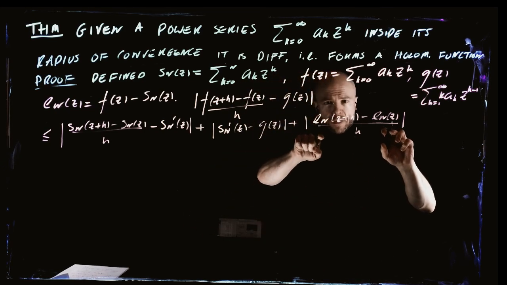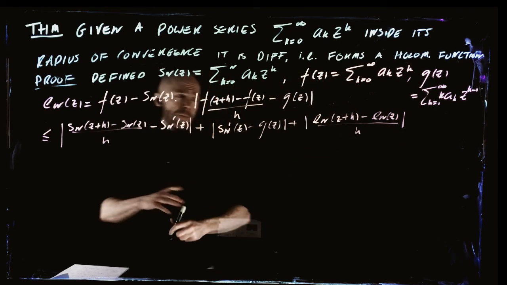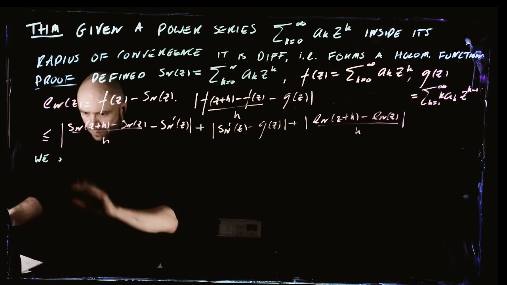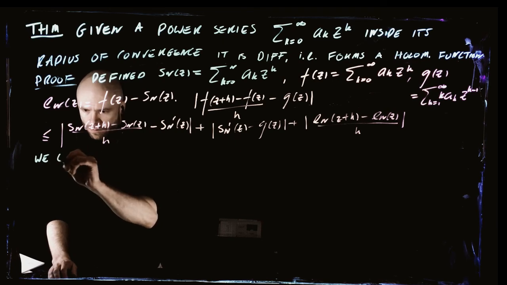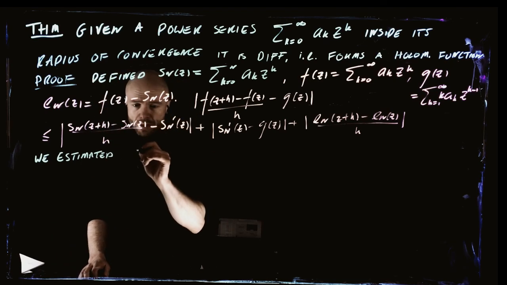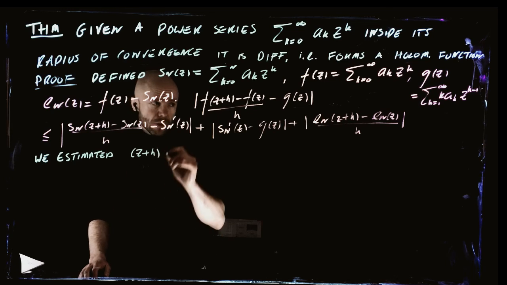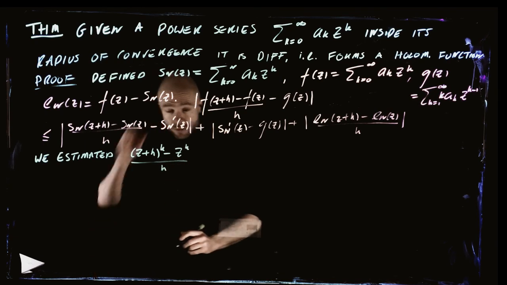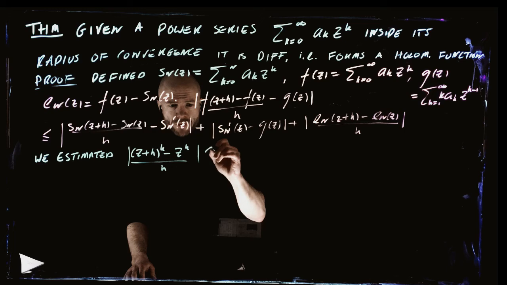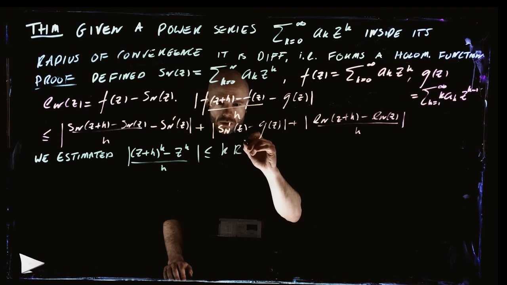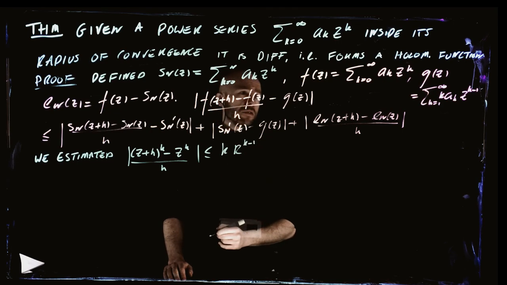We got to the point of trying to estimate this thing. And we estimated the following: this thing, ((z+h)^k minus z^k) over h itself, in absolute value, was less than k r^(k-1), where r is the radius of convergence.